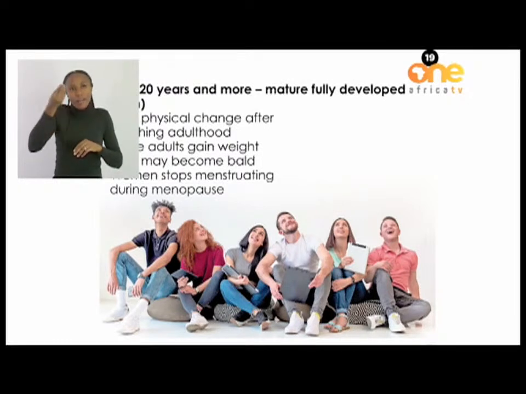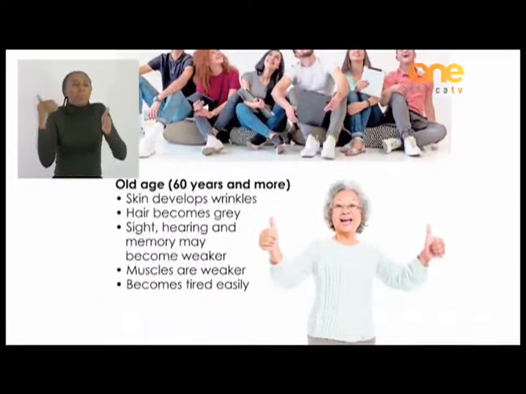The only thing that normally changes with them is the body size. They either become bigger or a little bit smaller. Okay? Men may become bald, and at some stage also, women stop menstruating during menopause. Some of these things you're also going to learn deeper about as time goes.